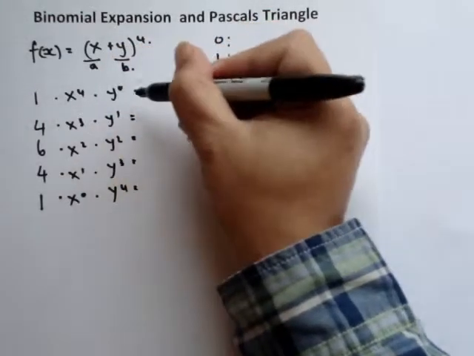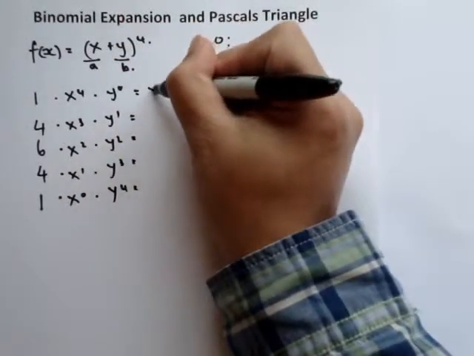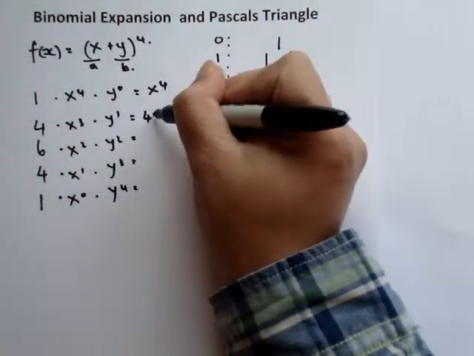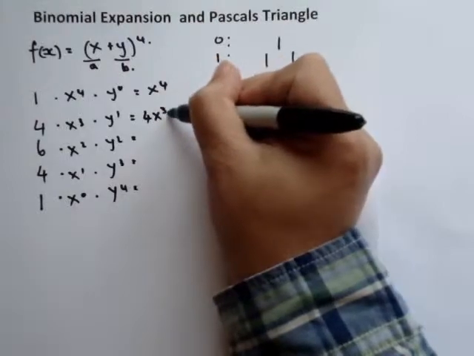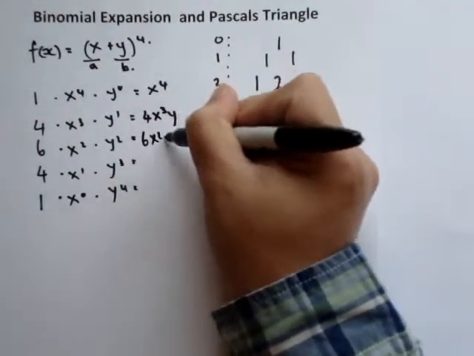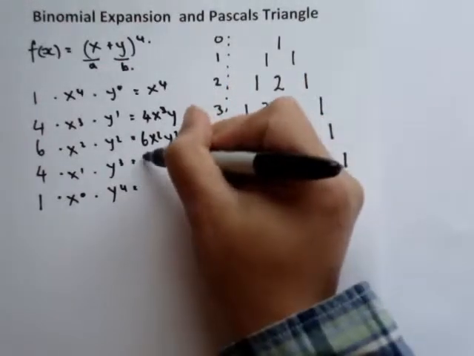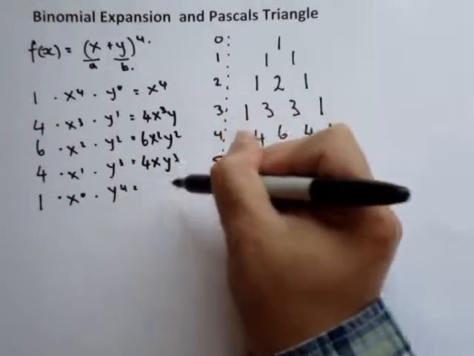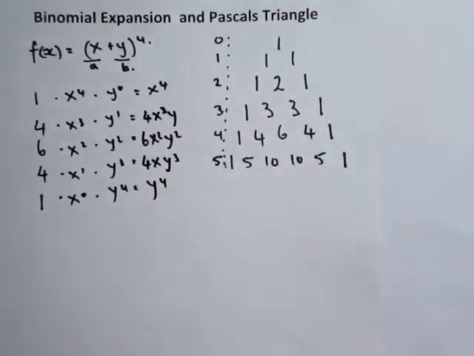So this is just x to the power 4, 4x to the power 3 y, 6x squared y squared, 4x y cubed, and this is y to the 4.